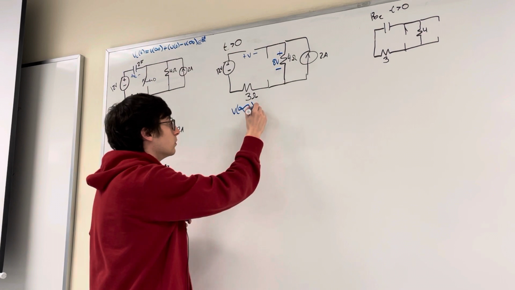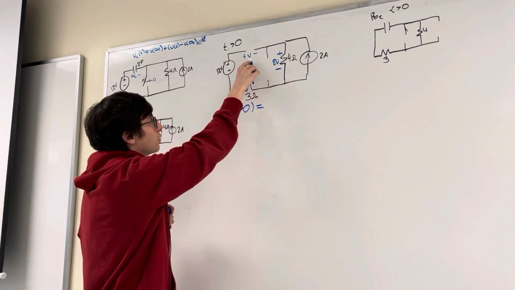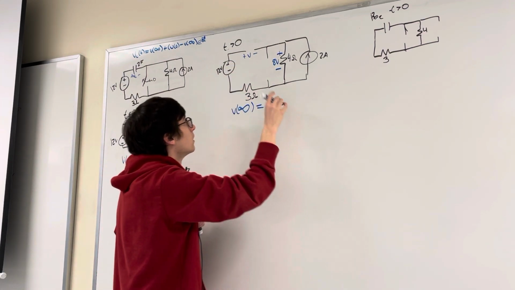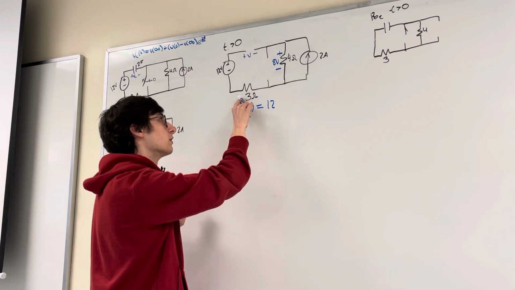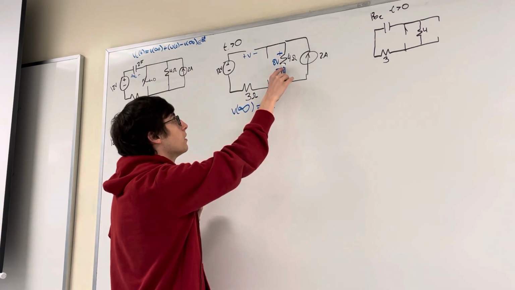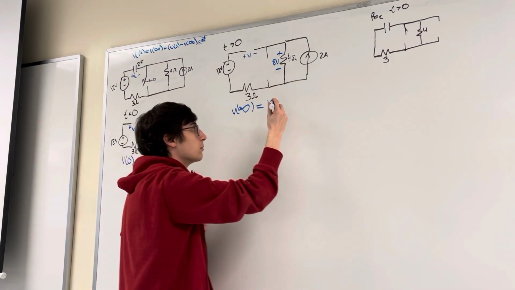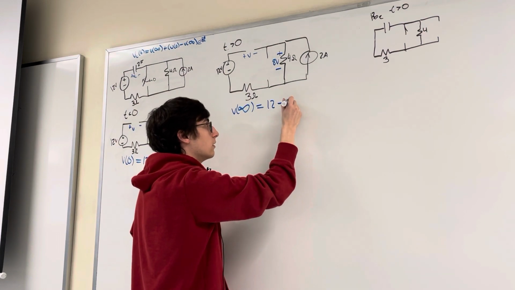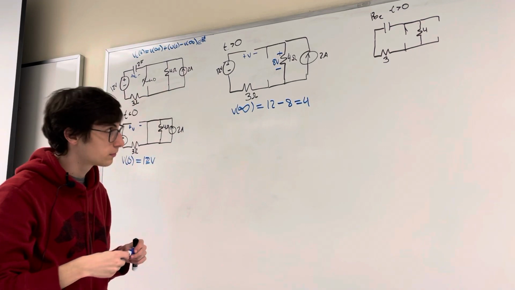So that's going to be equal to, from the positive terminal of the thing we're trying to solve for, we go through the 12 volts again. So we have 12. Go through this resistor. There's no current flowing through it, so there's no voltage across it. Then we come up here across this resistor and go through the negative terminal, so we have a minus sign, and then the voltage, which is 8. So this is going to be equal to 4 volts.